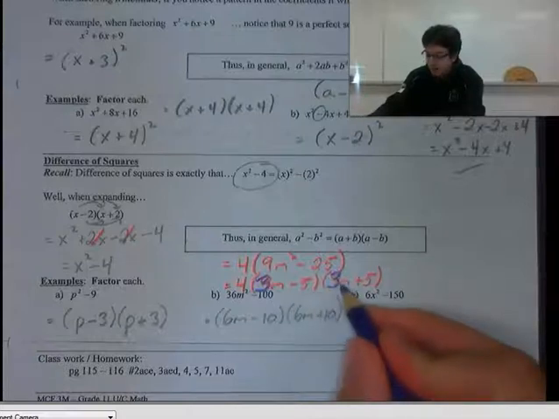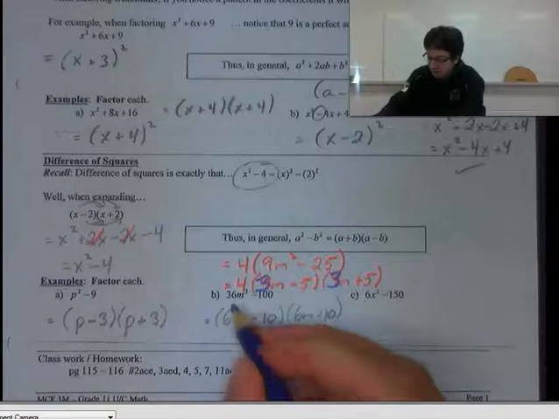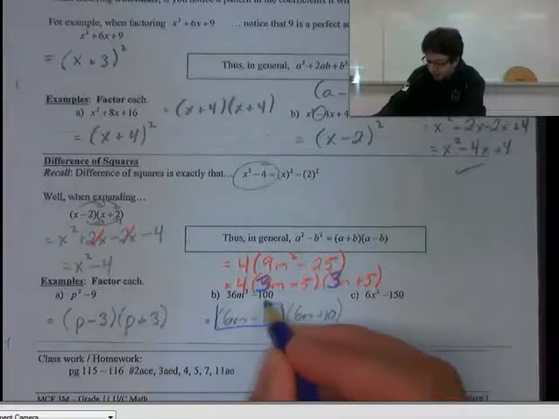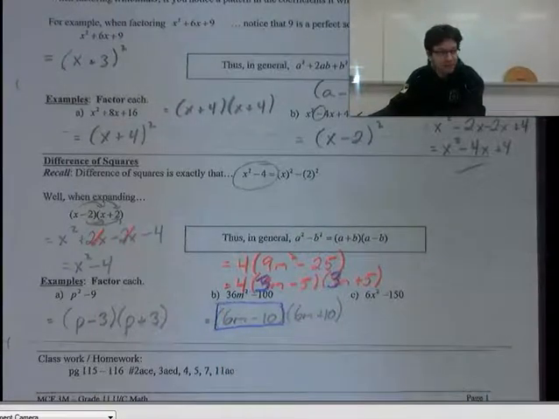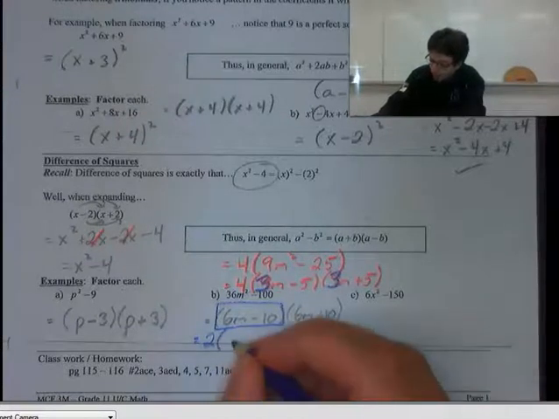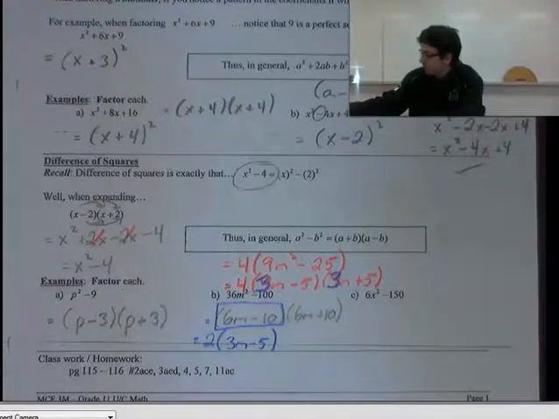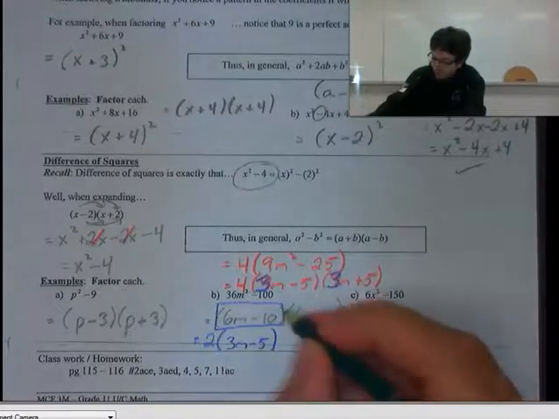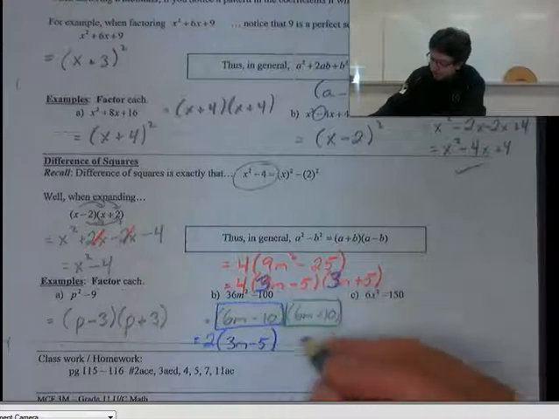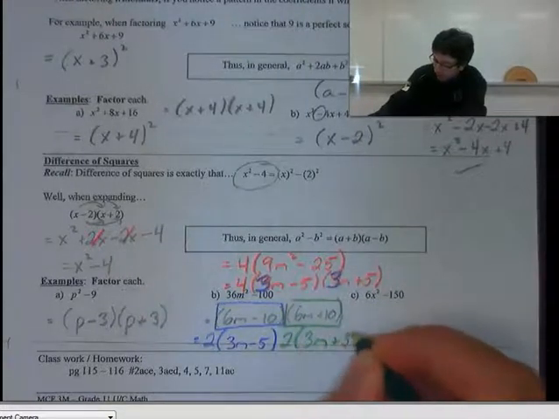Okay, now these are the same thing. So you'll notice here, let's just look at this one bracket. There's a common factor in there. It's 2, so we can pull out a 2. When we pull out a 2, we get 3m minus 5. And we can pull out a 2 for this next bracket as well. We pull out a 2, and we'll have 3m plus 5.